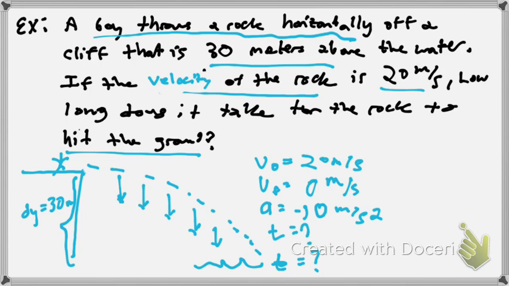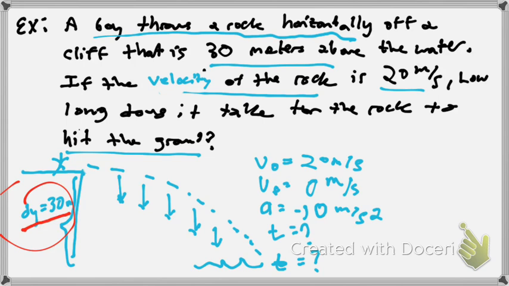Do we know any equations that will help us solve this? Remember, you're always going to have extraneous information like the height of the cliff. But do we necessarily need it to solve it?